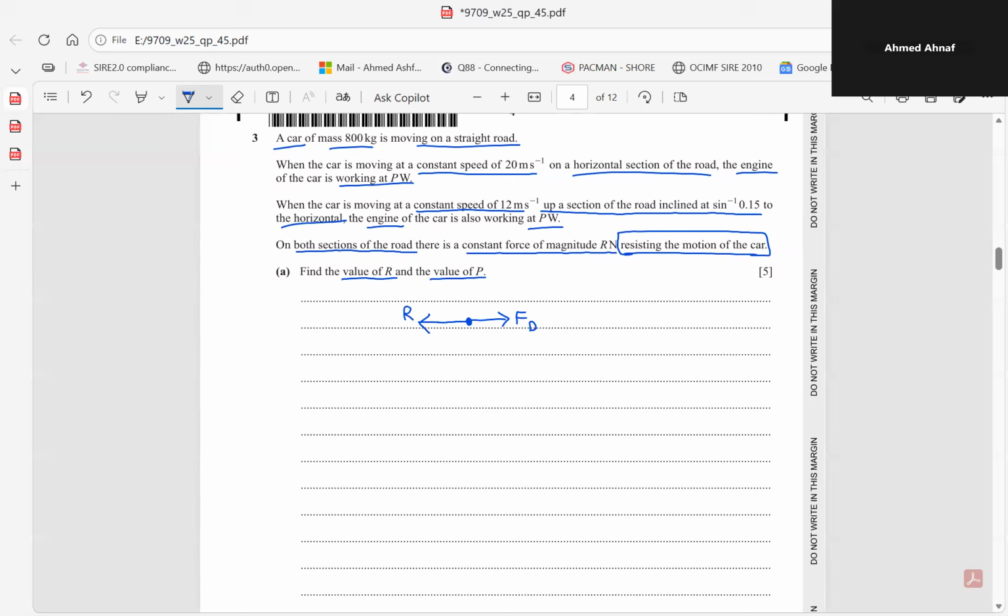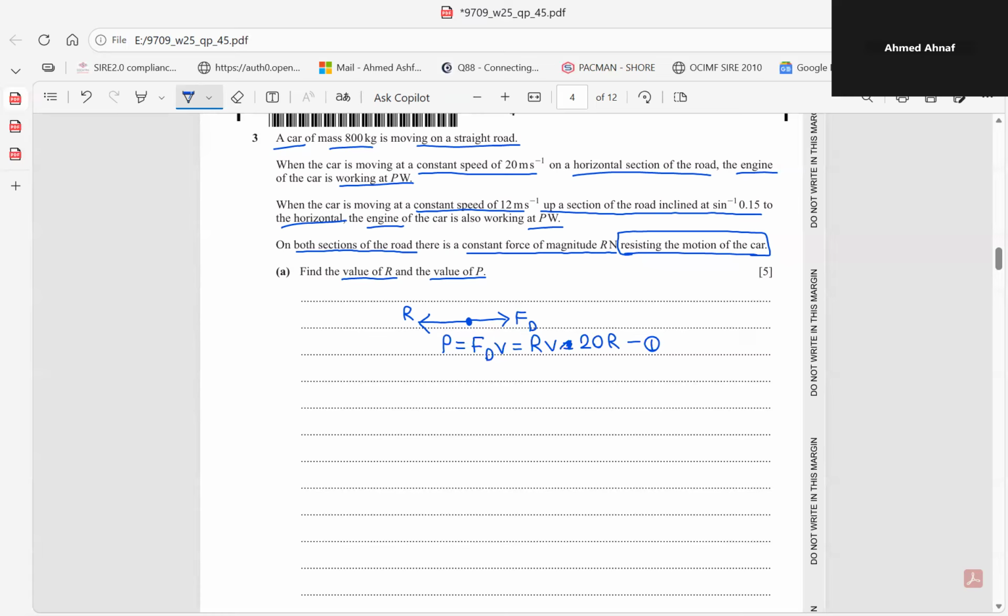Since it's moving at a constant speed, Fd must be equal to R. So using that, we can find what P is, using P equals Fd V. So FdV is just RV, and we don't know R yet, so that's just going to be 20R for now. This is going to be our first equation.